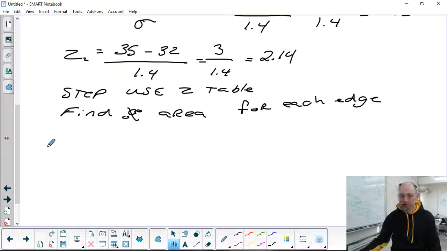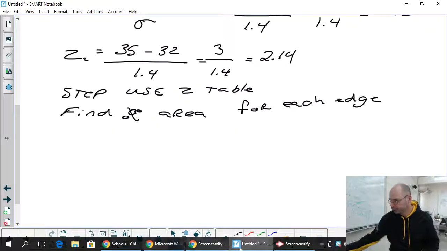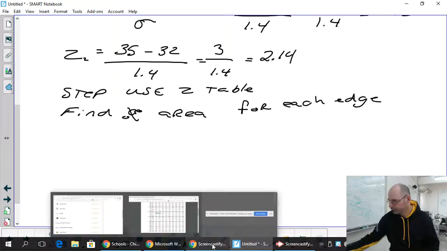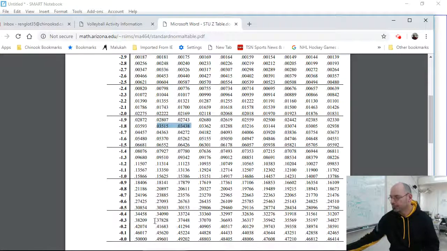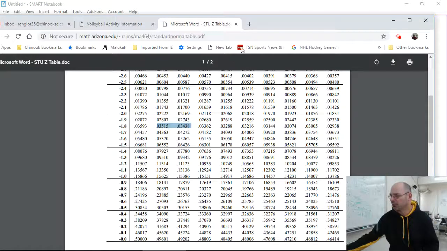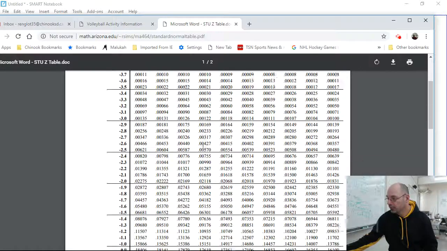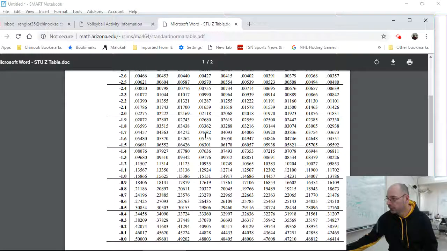Okay, so in that case, we got to get that z-score table up. All right, so there's our z-score table, and we're looking for negative 1.43 first. Negative 1.43 is right here.